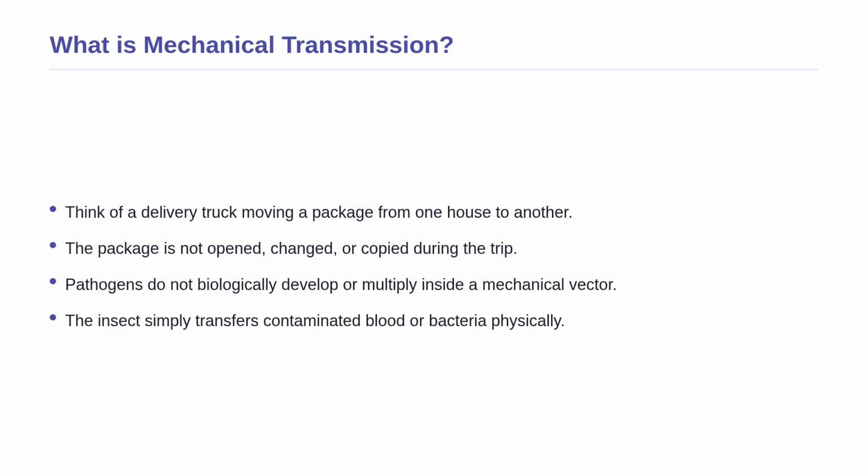They simply move it from point A to point B. In the world of diseases, some insects act exactly like this delivery truck. A mechanical vector is an organism that transmits a pathogen from one host to another without the pathogen undergoing any biological development or multiplication within the vector's body. They act like dirty needles.